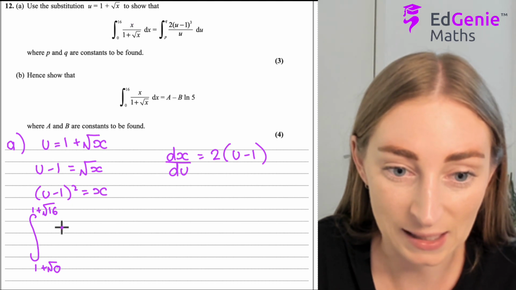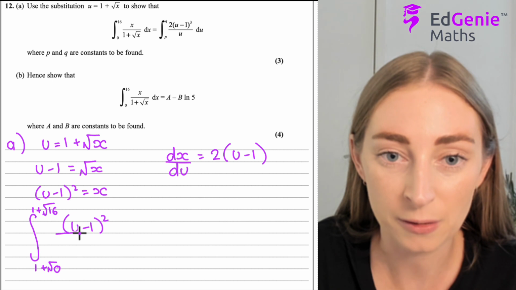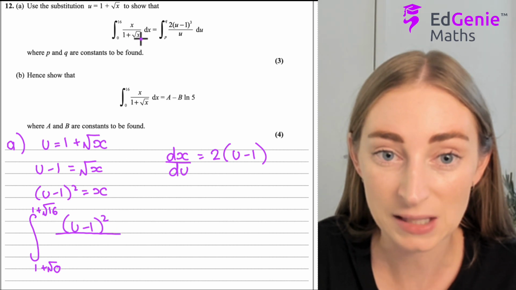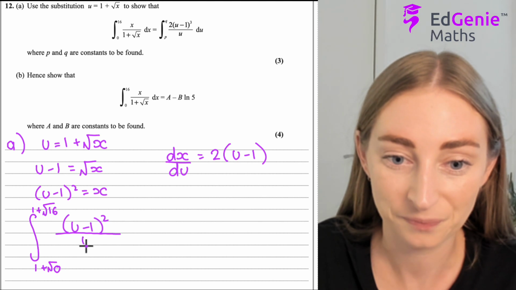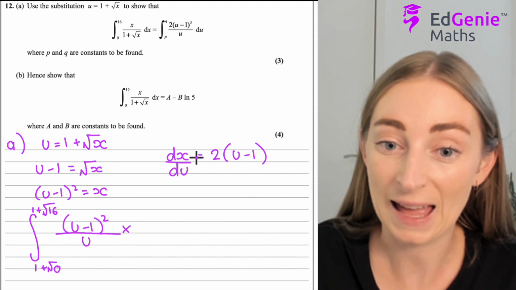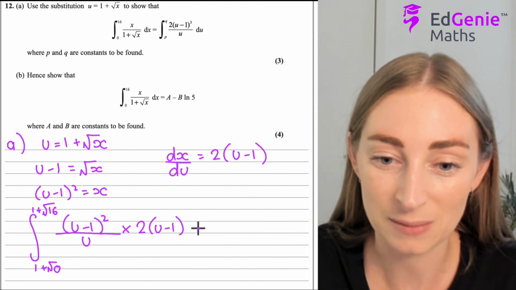So x is u minus 1 squared over 1 plus the square root of x. We know that that's going to be u. And we're going to multiply that by dx, which is 2 times u minus 1 times du.